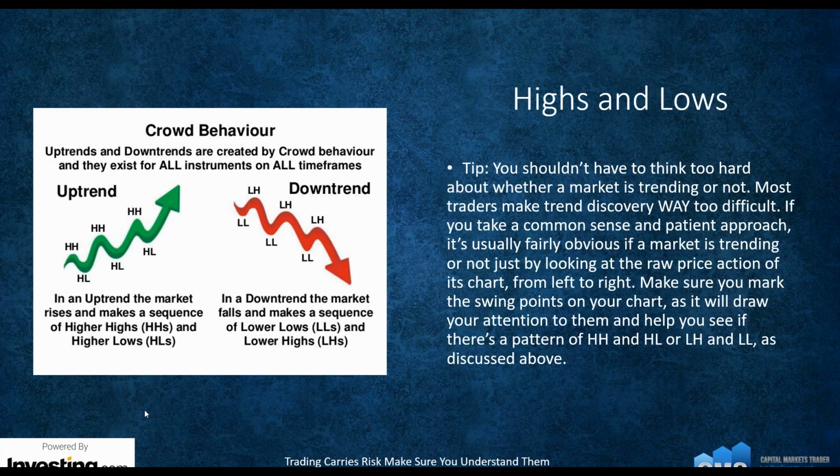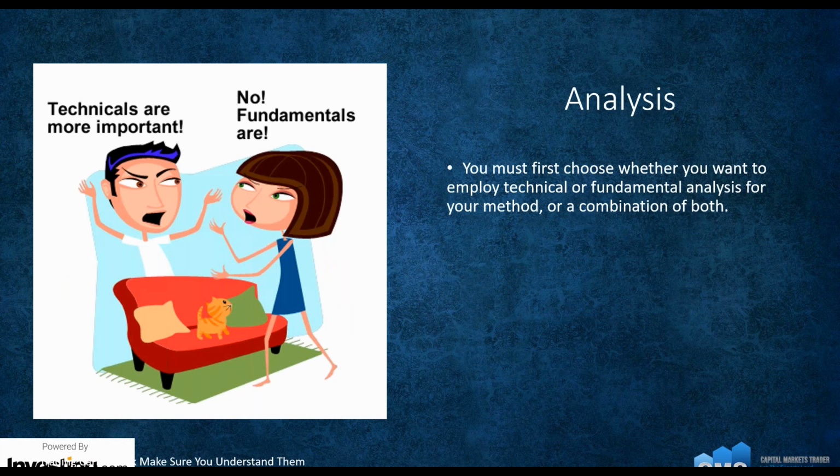If you take a common sense and patient approach, it's usually fairly obvious if a market is trending, just looking at raw pieces of information in its chart. Make sure you mark the swing points on your chart, as it will help draw your attention to them and help you see if there's a pattern of higher highs and higher lows or lower highs and lower lows. That's it. Okay, that's all we're simply looking for.